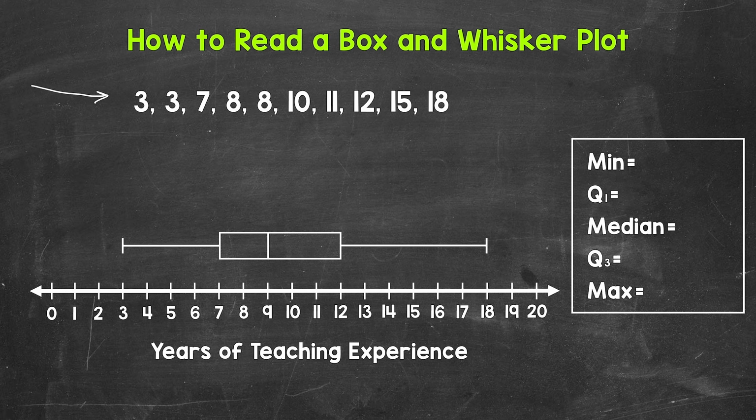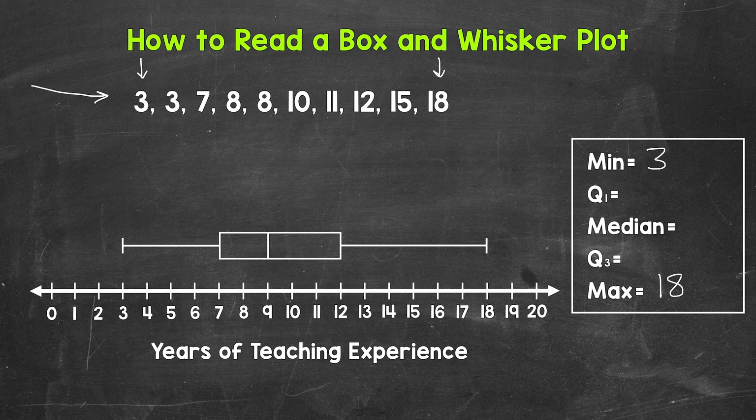Let's start by taking a look at the minimum and the maximum. So the minimum number of years of teaching experience is 3. The maximum is 18. So the minimum is 3 years and the maximum is 18 years. The minimum and maximum are just the smallest and largest numbers in value within the data set.